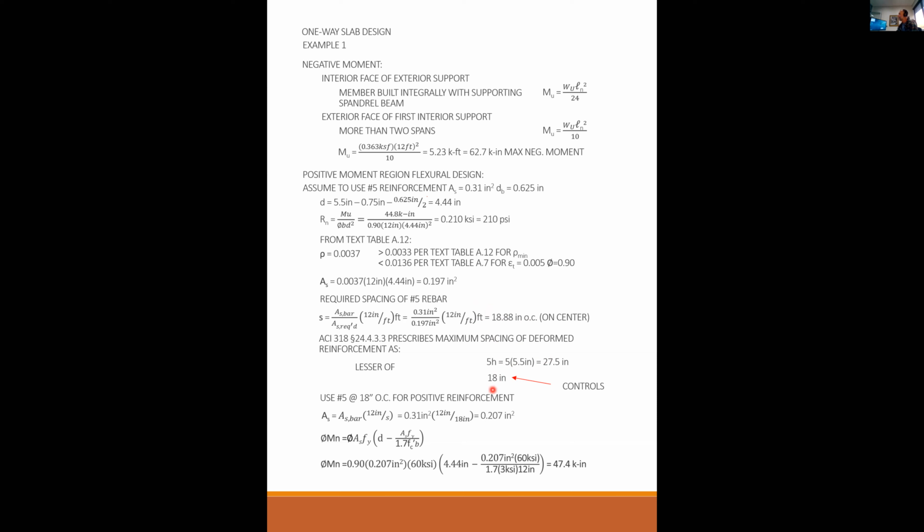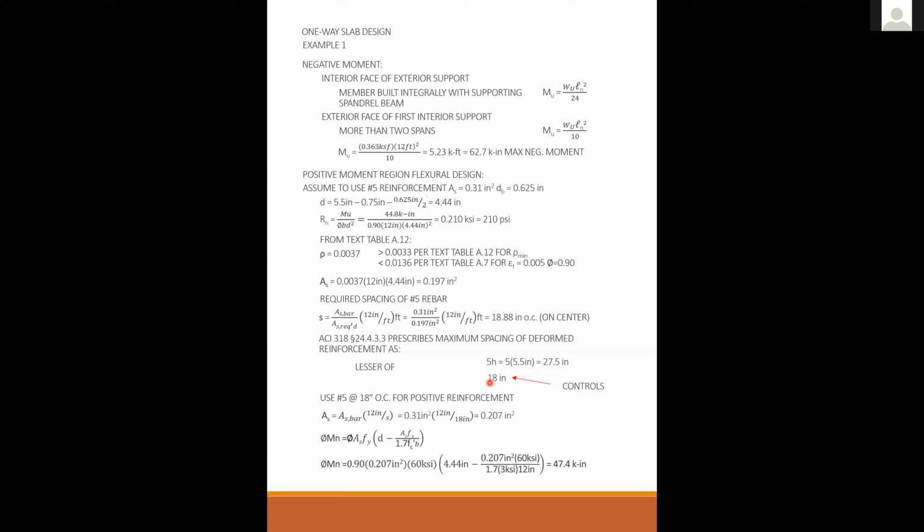Of these 3, the 18 is the least, so that's the one you have to follow. And it needs to meet all 3 of them? Like the 3 parameters? Yes, it's the least of the 3. Okay.